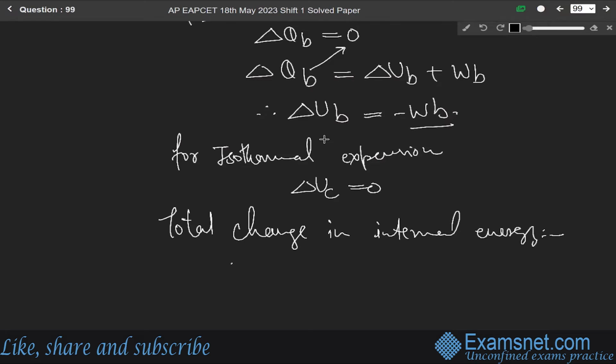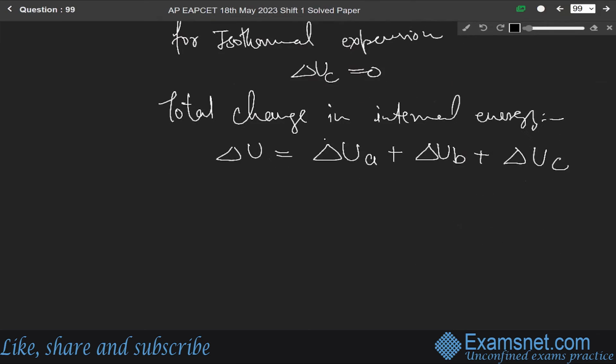Delta U is equal to delta UA plus delta UB plus delta UC. So minus 20 joule will be equal to 0 plus 0 plus delta UB.